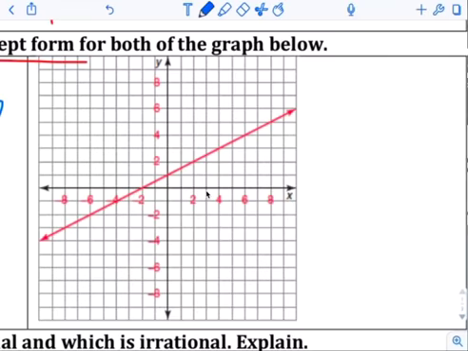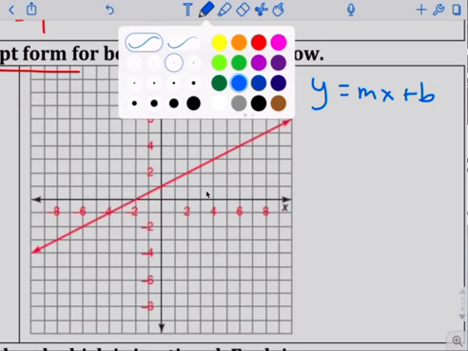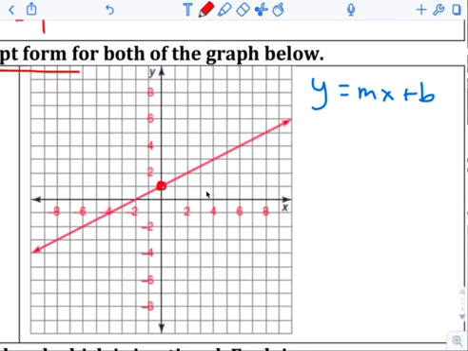Same thing here. Remember, it's y equals mx plus b. Right here is our y-intercept. That's our b. 1, bring down. And then 1 you can't do. 2, yeah.